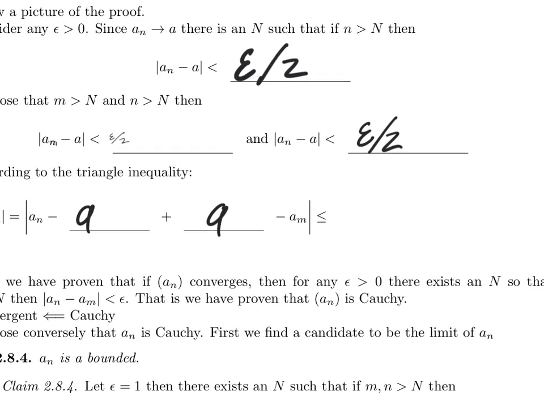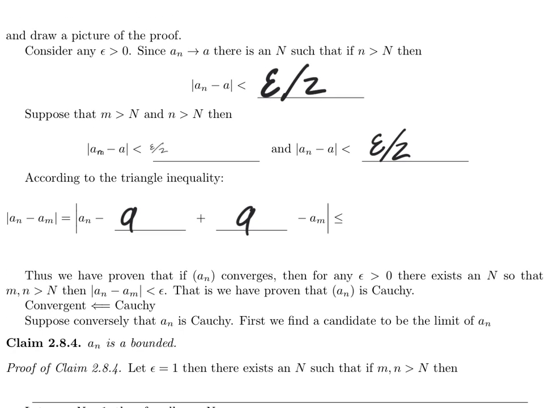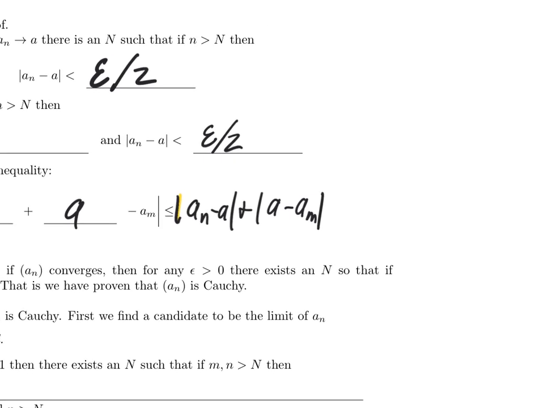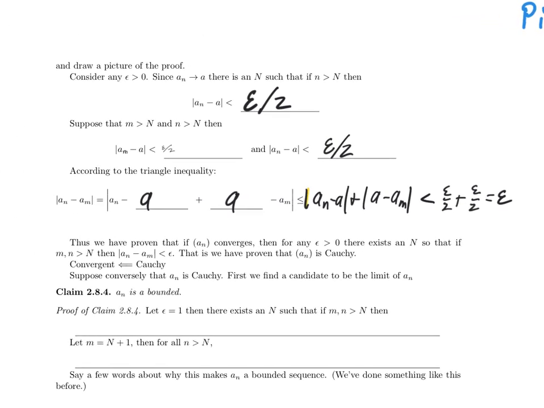And now let's just show that they're small. By the triangle inequality, this is less than or equal to the absolute value of a sub n minus a plus the absolute value of a minus a sub m. This is less than epsilon over 2 plus epsilon over 2. Hey, that's just epsilon. So let's see what we did. We started by considering any epsilon bigger than 0.